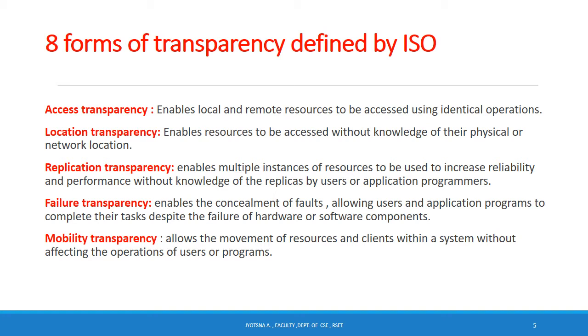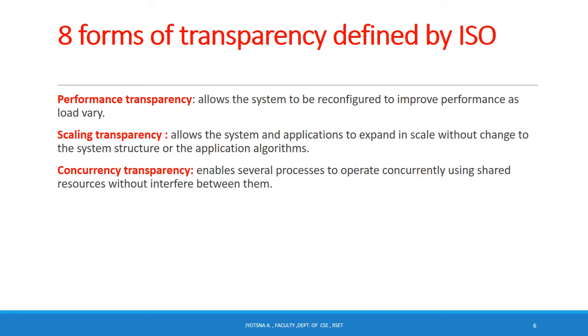Failure transparency enables the concealment of faults, allowing users and application programs to complete their task despite the failure of hardware or software components. Mobility transparency allows the movement of resources and clients within a system without affecting the operations of users or programs. Next is performance transparency.